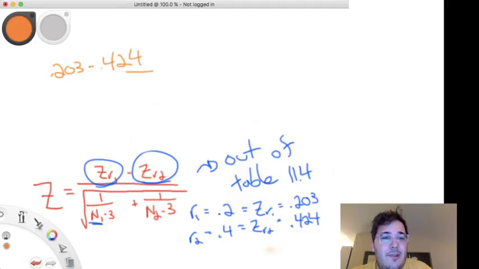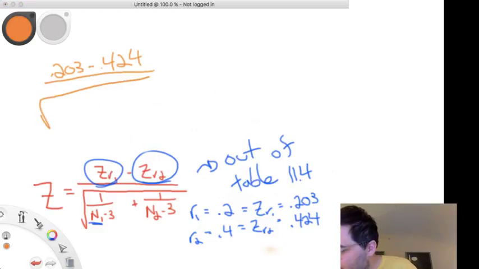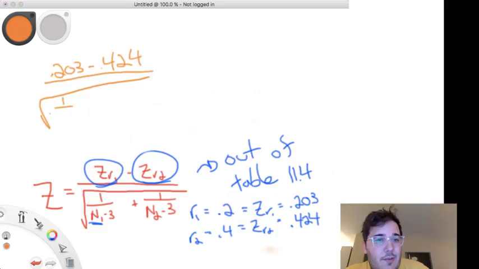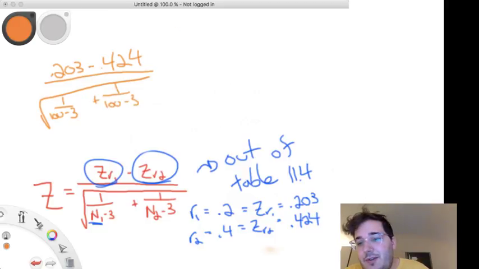So these two numbers that I looked up, divided by the square root of something that's going to have n. So let's make up some n. I'm looking here at page 307 in the hardcover book, and there's an example that uses an n of 100. So this divided by the square root of 1 divided by (100 minus 3) plus 1 divided by (100 minus 3).